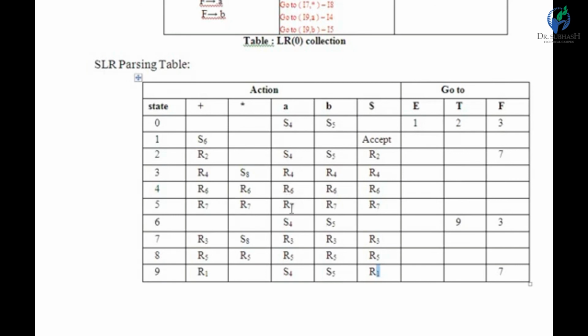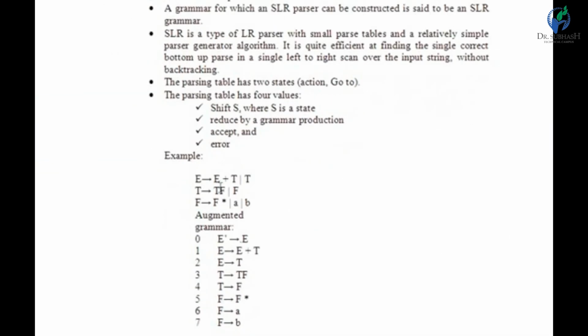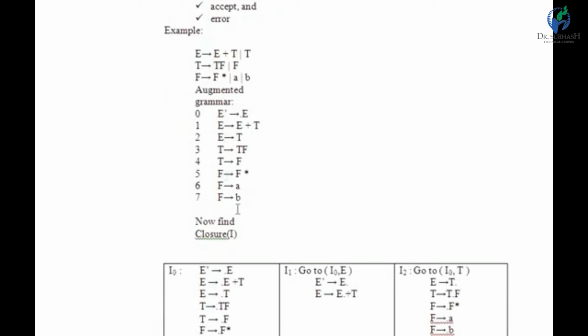So this is your simple LR or LR0. In your exam, if there is any grammar, according to that grammar you have to draw the LR0 collection and SLR parsing table. First, you have to convert the given grammar into augmented grammar.